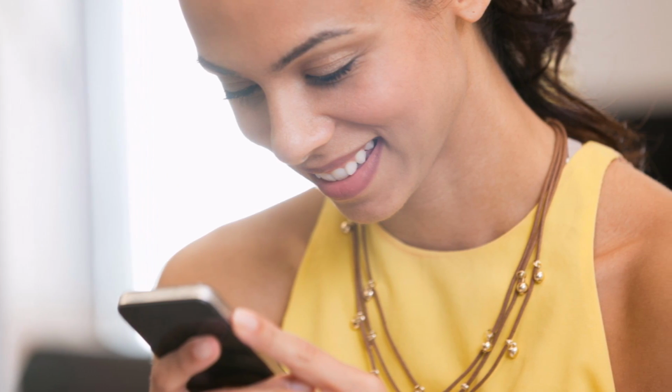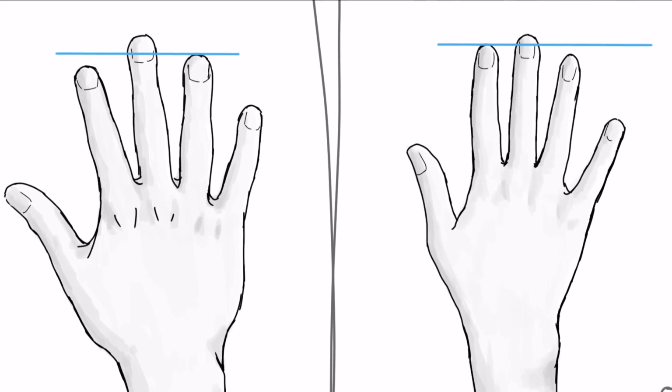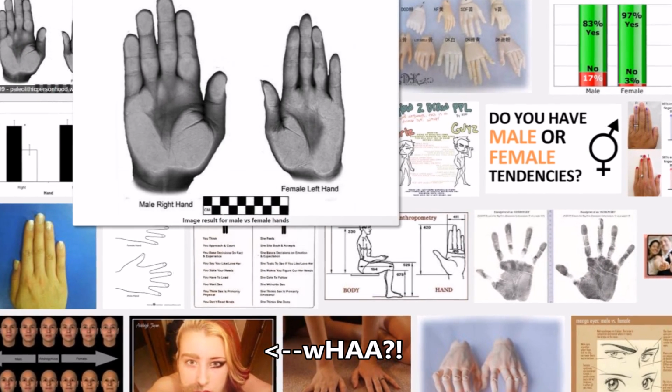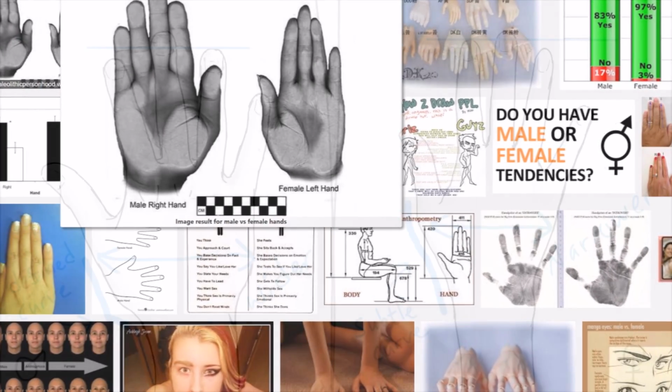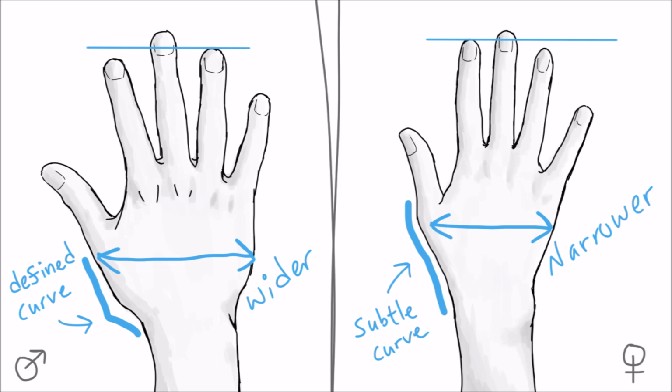And so I even asked my friend, can you send me a picture of your hand? And he was like, oh, okay. And he sent me a picture, and his ring finger was longer than his pointer finger. I was just like, what? And I looked at the other pictures of hands on the internet, and it was true. It might not be true for everyone, but the fact that it seems like a large majority it is true blows my brain. So yeah, go look at your own hand and tell me if it is true.